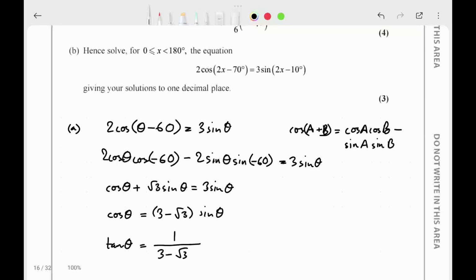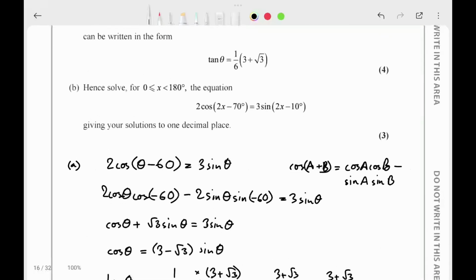And we can rationalize this. So we have shown that it can be written in this form.